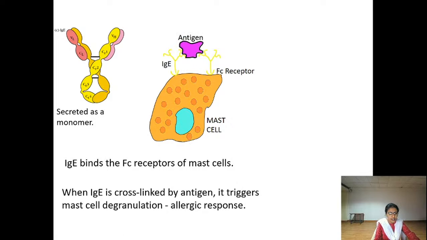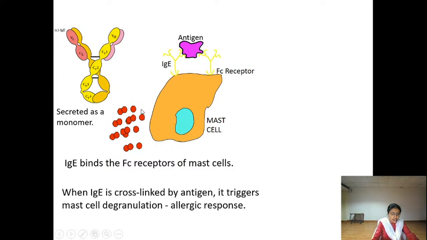So IgE is involved in mast cell activation. This IgE binds the mast cells where it waits for the antigen. And this IgE is different from IgG, which must bind antigen before the cells. So when an antigen cross-links IgE, it causes mast cell degranulation.